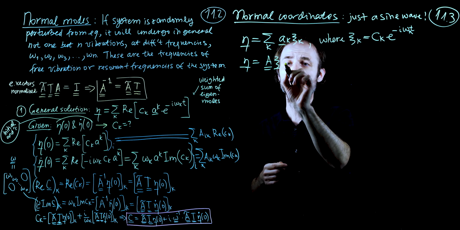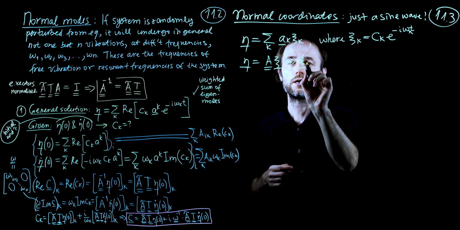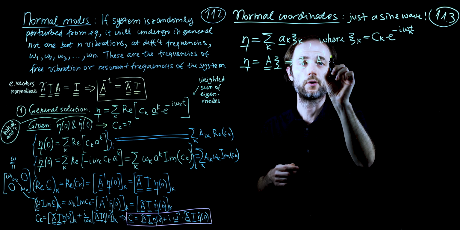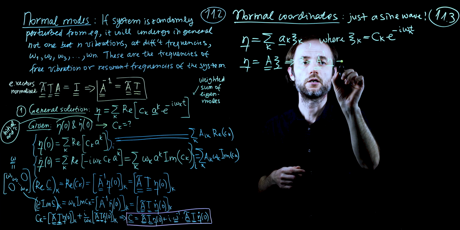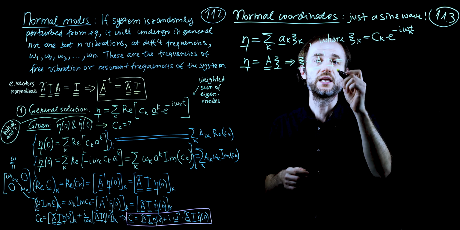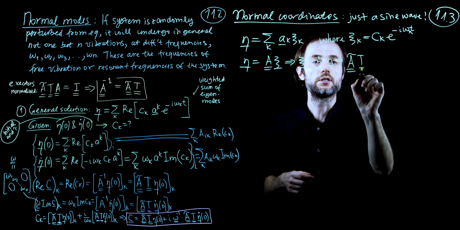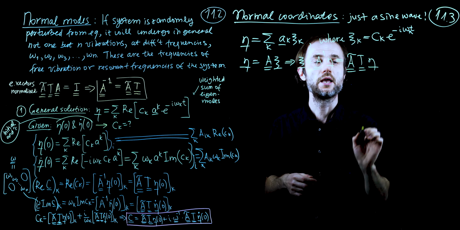And therefore, from here, psi is going to be A to the minus first power, the inverse of A, times eta. Or by this expression, it will be A tilde times T times eta.